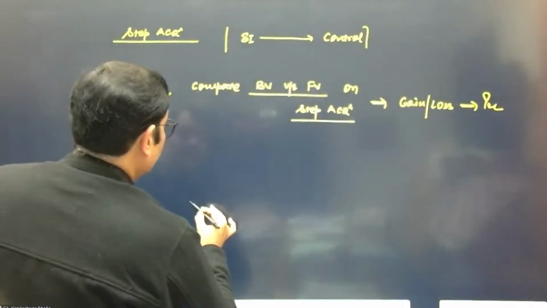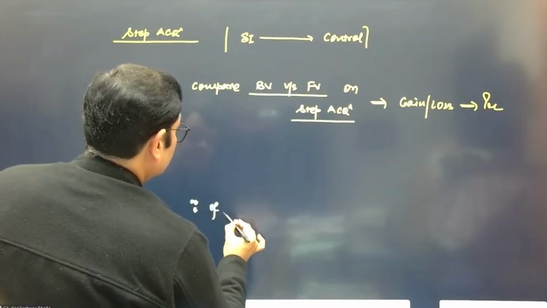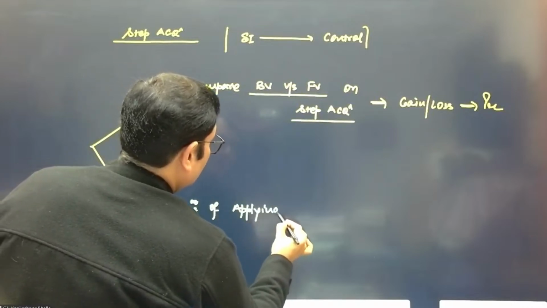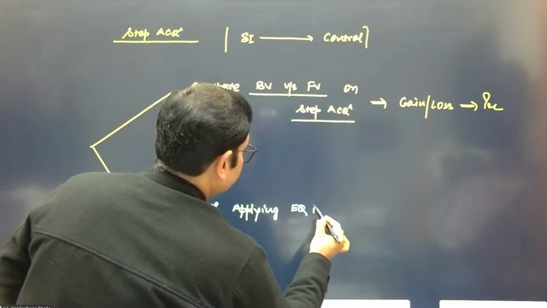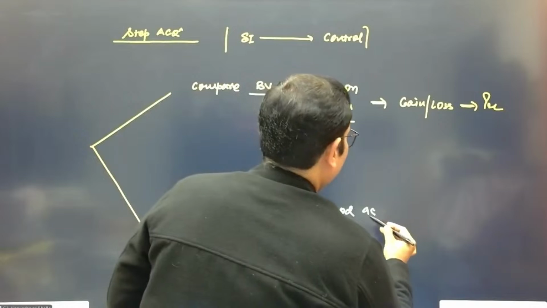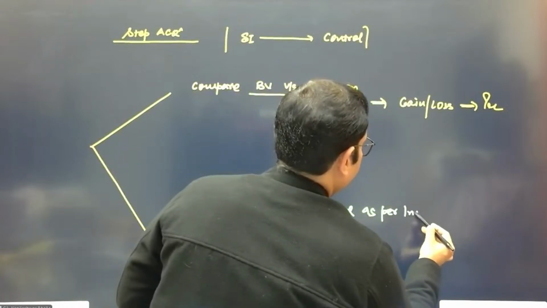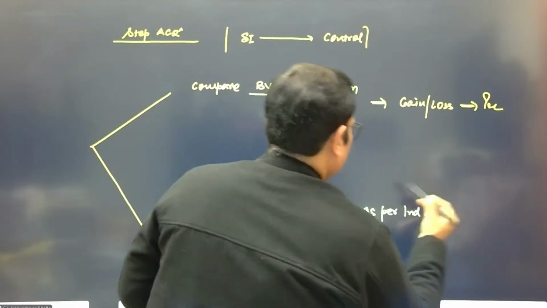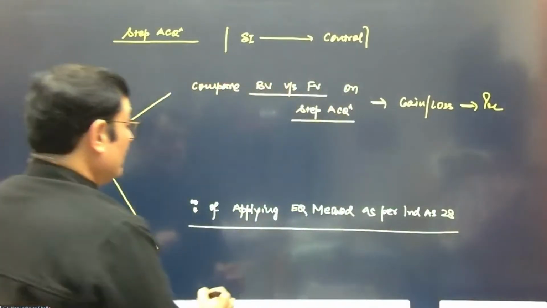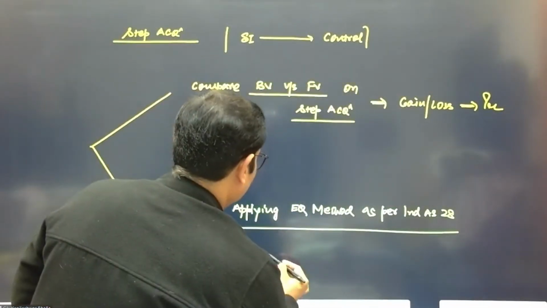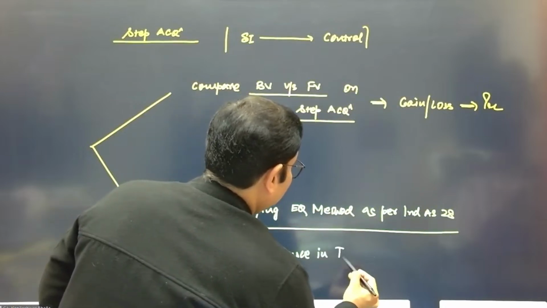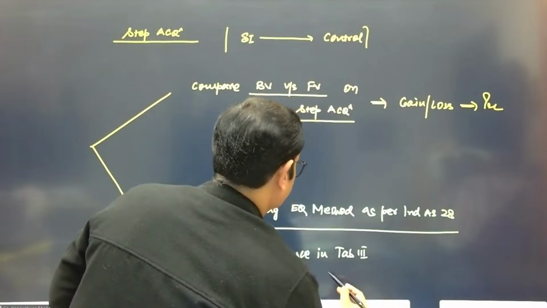I need to see that because of applying the equity method as per Ind AS 28, there will be an accumulated balance in tab 3 of SOCI.